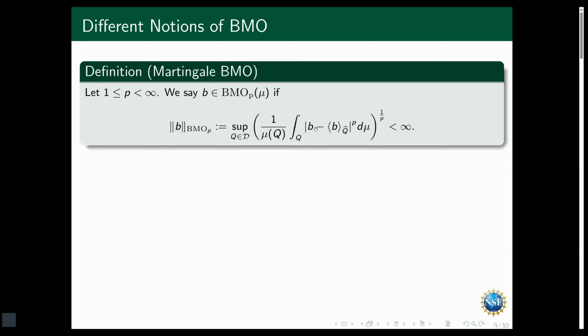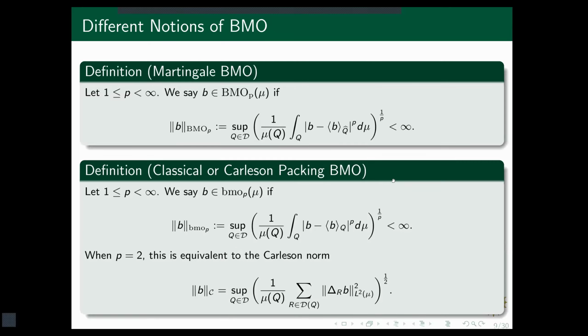It's almost the same as the usual dyadic BMO norm that I showed you in the one-dimensional case, but instead of subtracting off the average of b on Q itself, we subtract off the average of b on the dyadic parent Q hat of Q. And that turns out to make a difference when the measure mu is not a dyadically doubling measure.